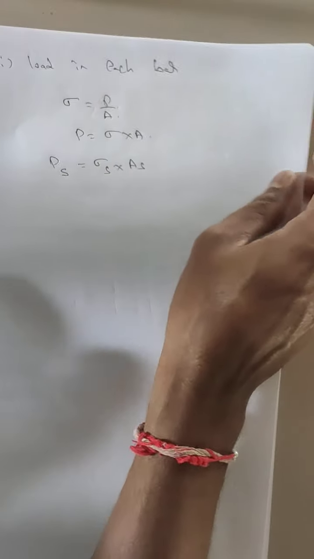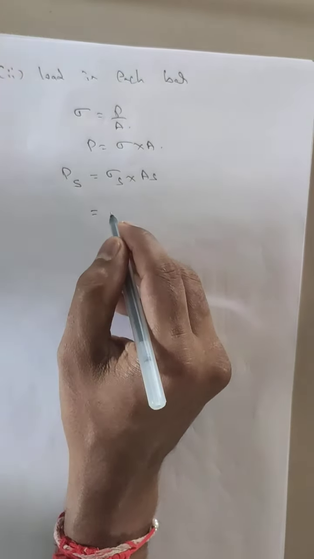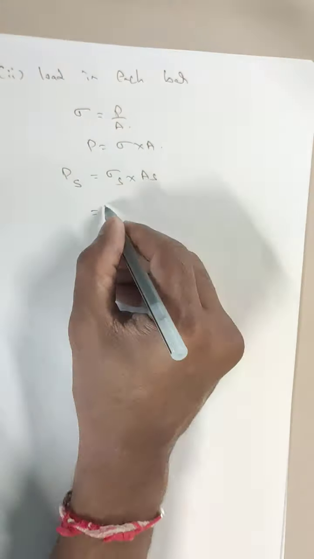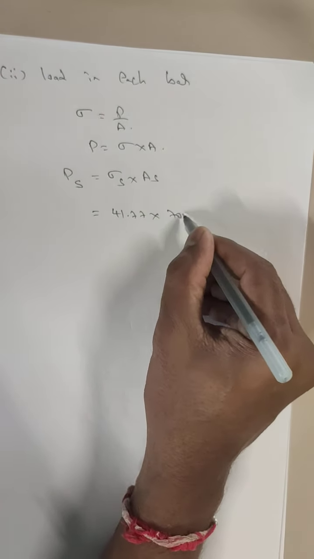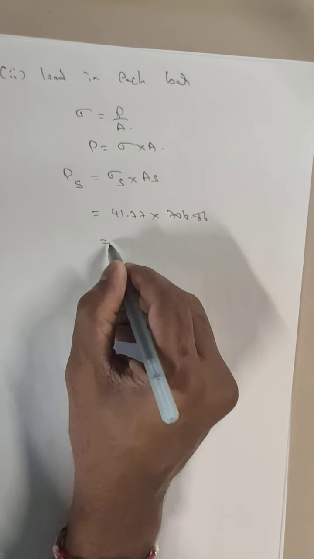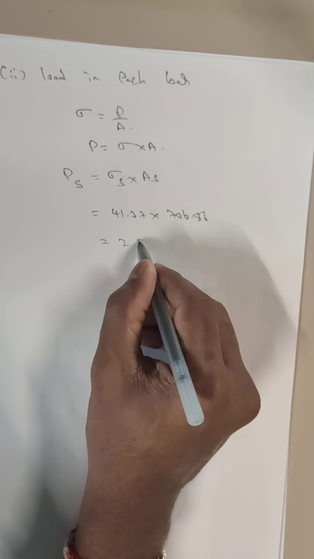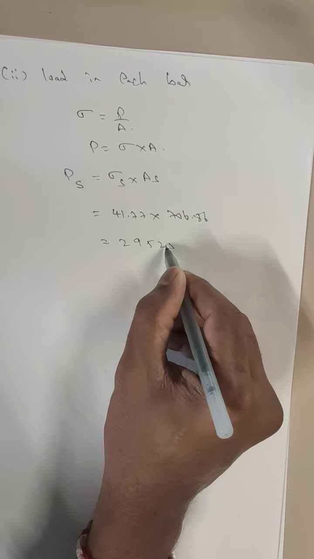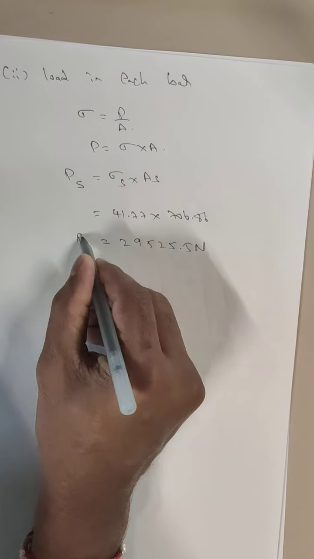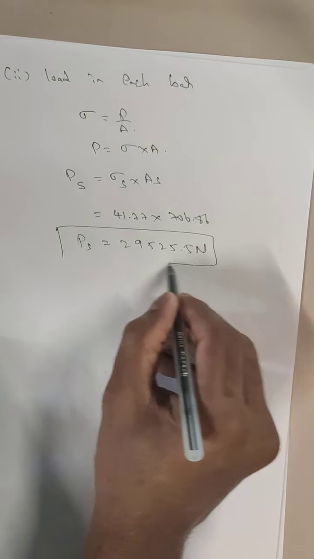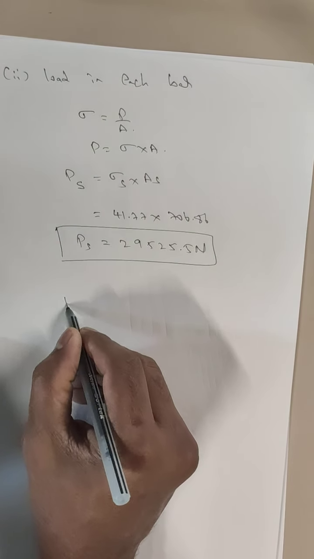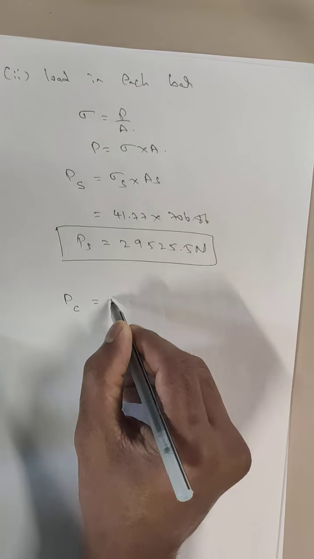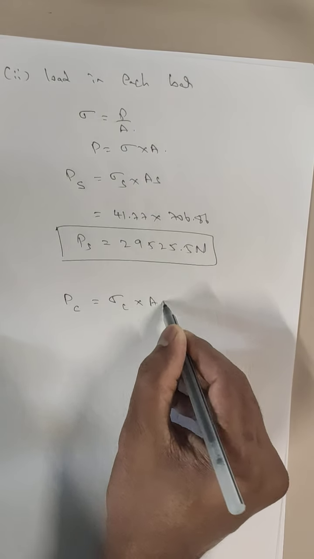So if you substitute, sigma S is 41.77 into area, which you already know, 706.86. If you multiply it, you'll get 29525.5 Newton. So this is the load carried by steel only. The second one, the load carried by copper, is equal to sigma C into AC.